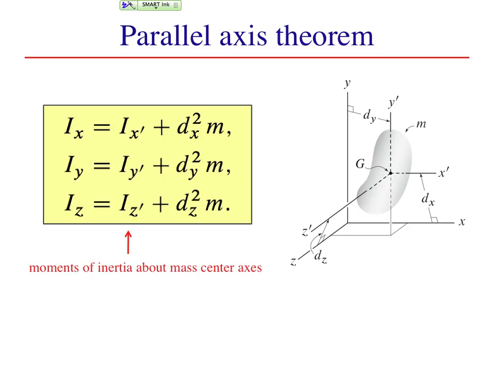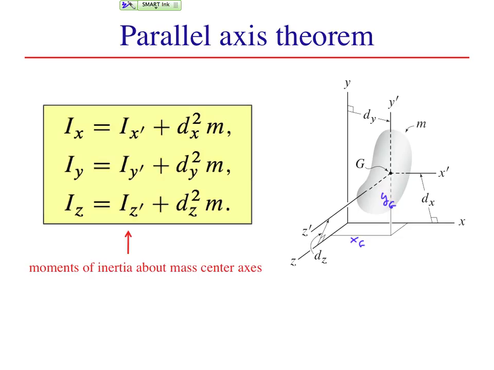One difference between the area and mass parallel axis theorems is in the evaluation of the d squared terms. Because the mass moment is a 3D entity, each d squared term is generally a two-dimensional distance. From the figure in this slide, we can see the following.